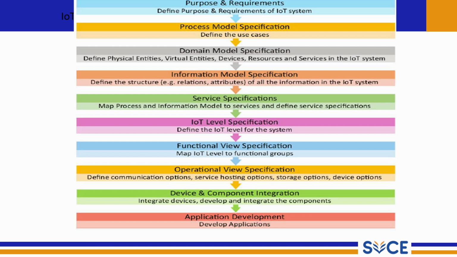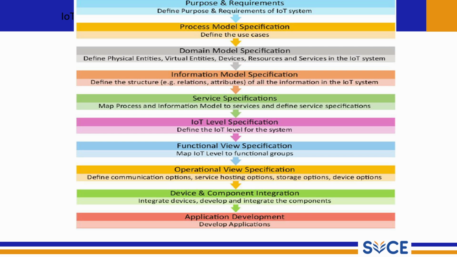The next one is the functional view specification. It maps the IoT level to functional groups. The next step is the operational view specification. In this step it defines the communication options, service hosting options, storage options and device options.